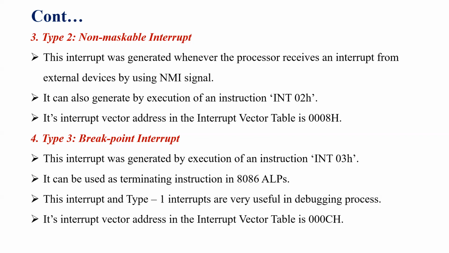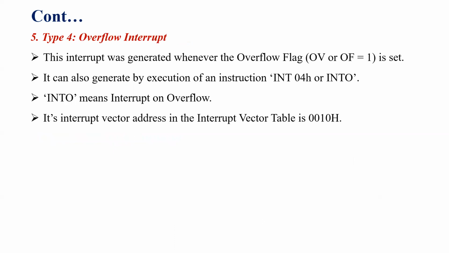For this interrupt, the vector address in IVT is equal to 000CH. And coming to the last, that is the type 4 interrupt, which we call overflow interrupt. This interrupt is generated whenever the overflow flag is set, that is OV or OF is equal to 1. It can also be generated by execution of instructions. One is INT 04H and another one is INTO.